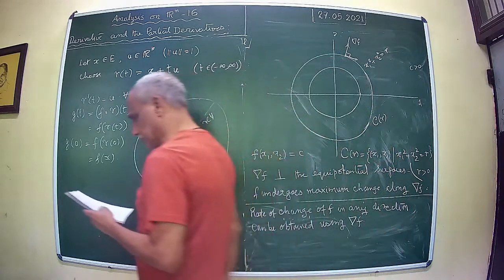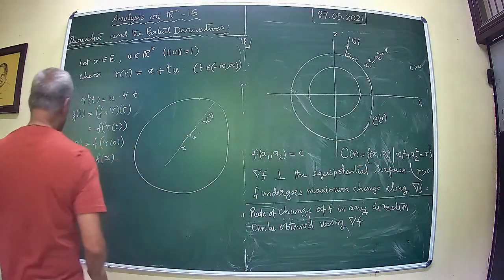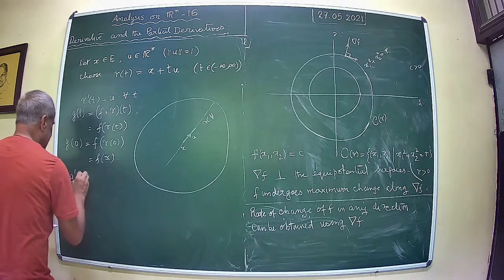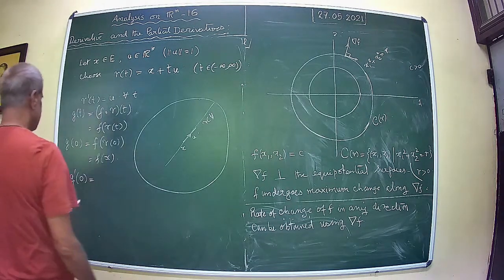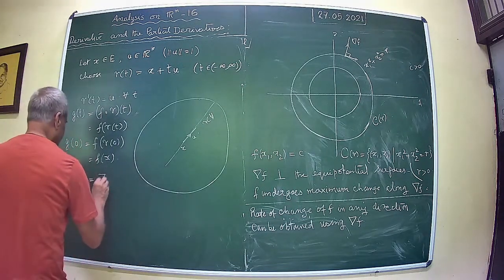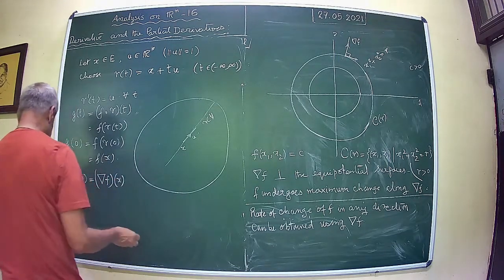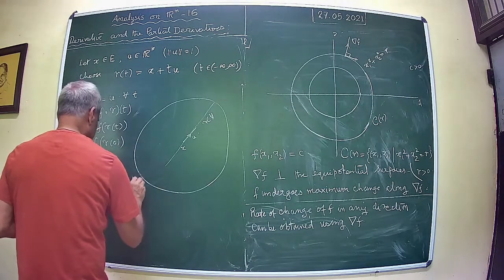Now let us compute this. So you see that G derivative at 0 is essentially grad f at x dot u.